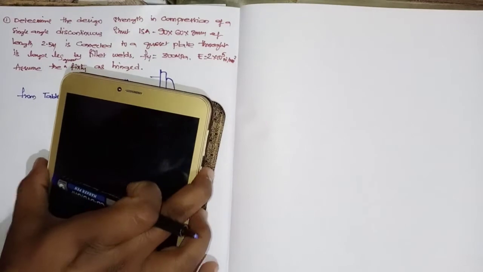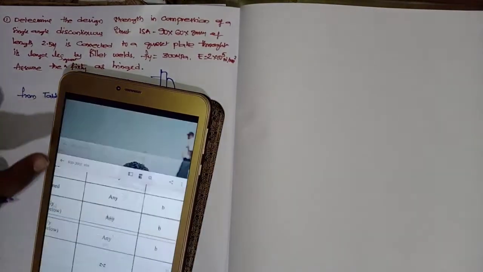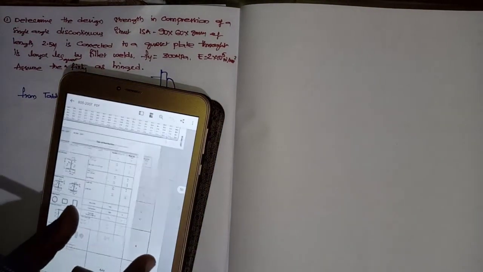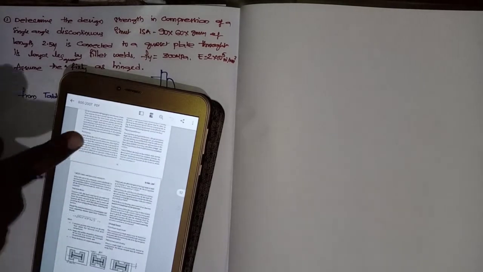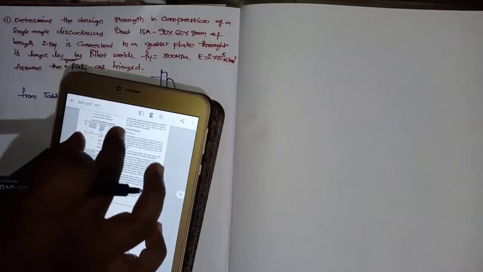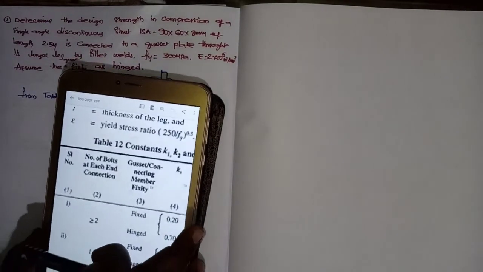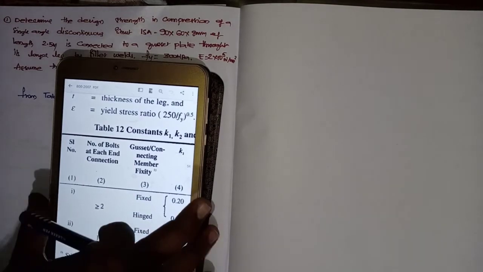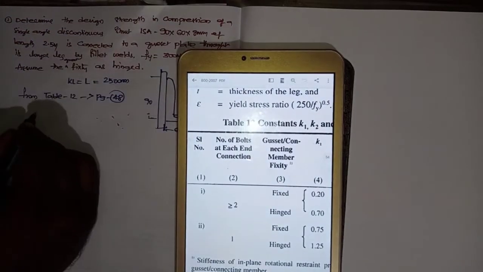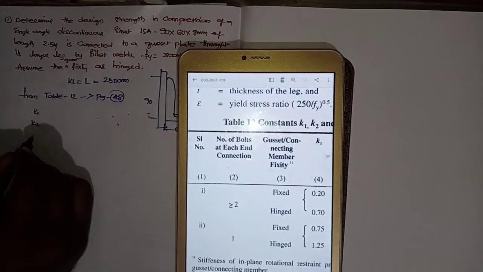So see here, fixity condition hinged. Now what are the K1, K2, K3 values?